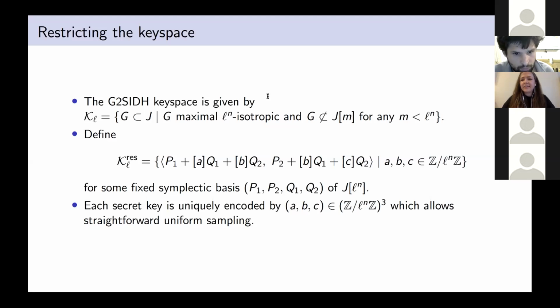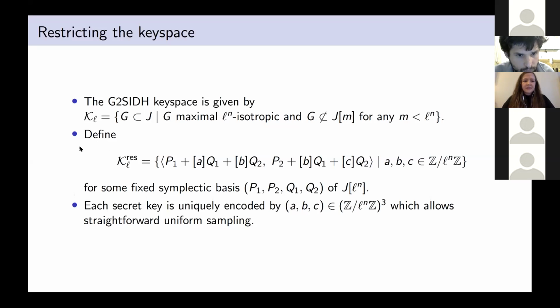So we introduce a restricted key space, which looks at only the rank 2 kernels where the columns don't need to be permuted in order to find the normalized form. And this means that we can identify any element of the restricted key space with A, B, and C scalars, which are all integers modulo 2 to the n.